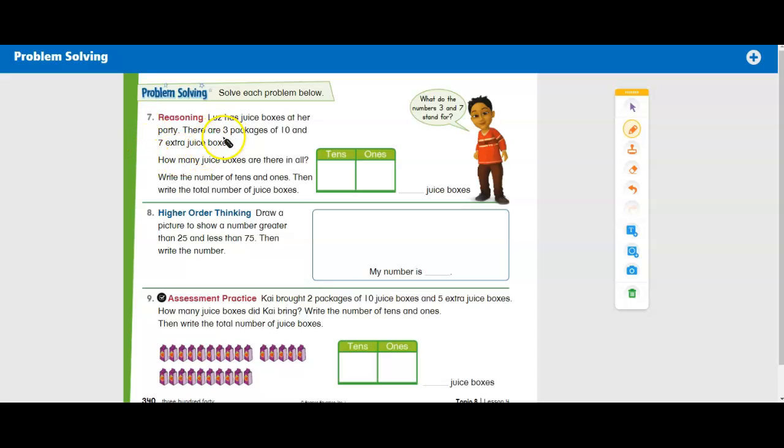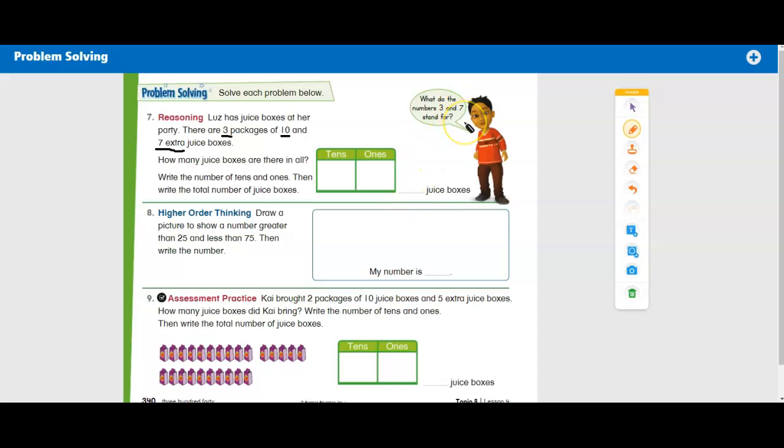It tells us that there are 3 packages of 10 and 7 extra. We want to write the amount of tens and the amount of ones, then write the total number of juice boxes in the blank for number 7.